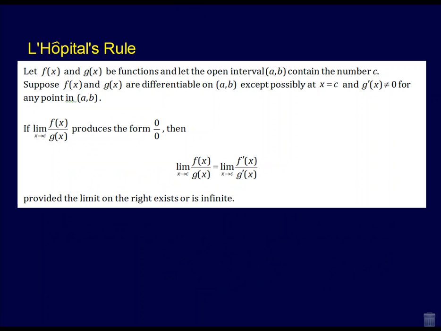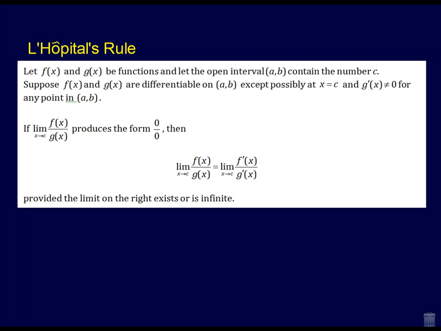So here's what we know as L'Hopital's rule. The important stuff starts right here. It says if the limit of f of x over g of x when x approaches c produces the form 0 over 0, where we just saw that in the example, it says the limit can then be evaluated this way. Look at the derivatives of the two functions, in other words, the slopes of their tangent lines, and see if that limit exists.